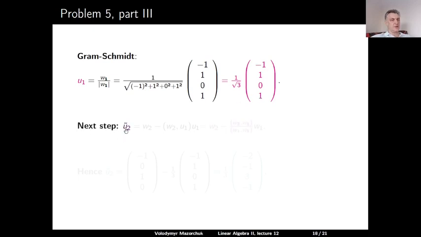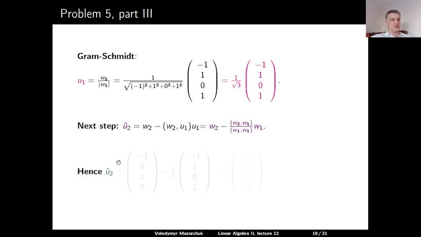On the next step, we compute the auxiliary vector u2 tilde, which is the second vector w2 minus u1 with the coefficient, the inner product between w2 and u1. Since u1 is w1 divided by the length, we can rewrite it as w2 minus w1 with the coefficient, the scalar product between w2 and w1 divided by the scalar product between w1 and w1.